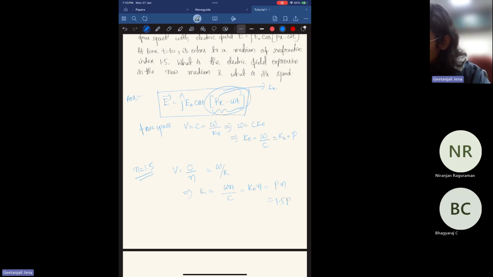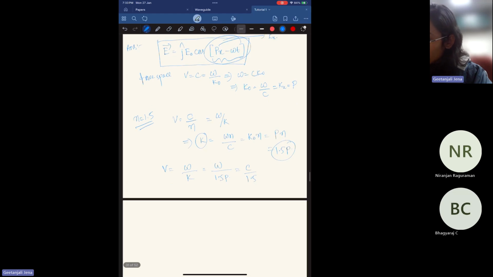So this is the k we got. So the velocity will be omega by k, that is omega by 1.5 p, and this is c by 1.5.